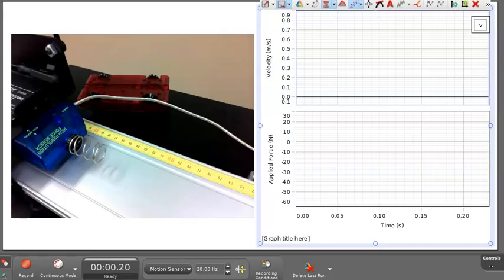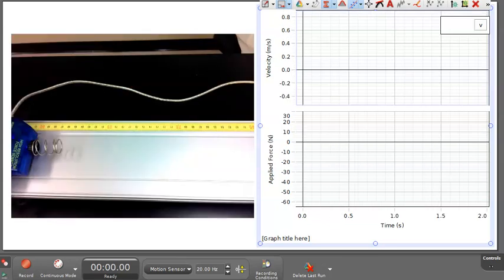The ramp is level. The mass of the cart is going to be half a kilogram. So again, the mass of the cart, M, is going to be equal to 0.500 kilograms. All right. Now, let's go ahead and set up for the collision here. I now have it set up so that the cart is by the motion sensor at the end of the track.